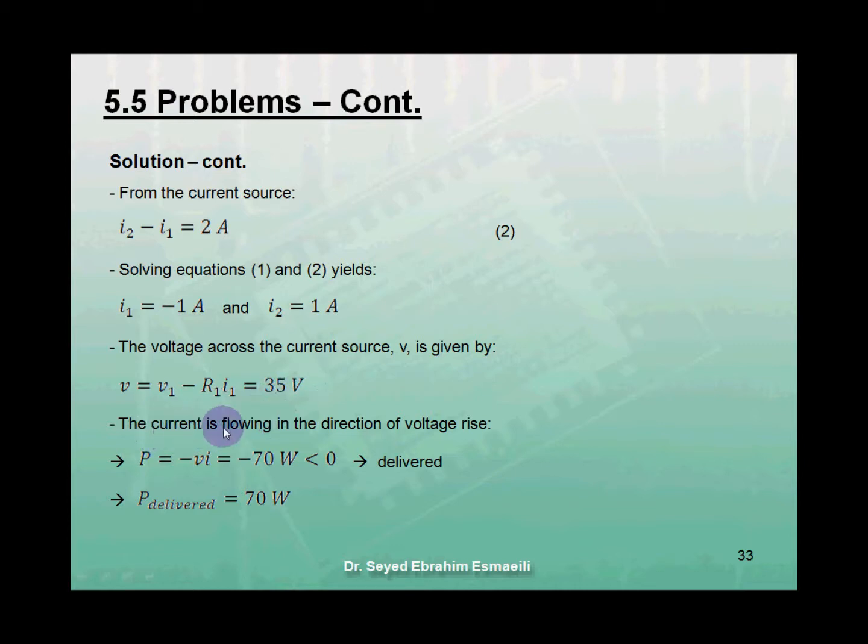The current is flowing in the direction of the voltage rise, hence the power equation is written as P equals minus VI, which equals minus 70 watts. Since the power is negative, it means that it's being delivered. Hence we write the delivered power is equal to 70 watts.